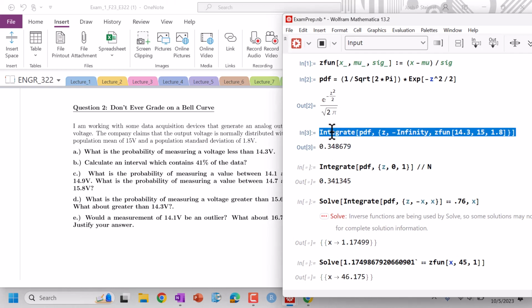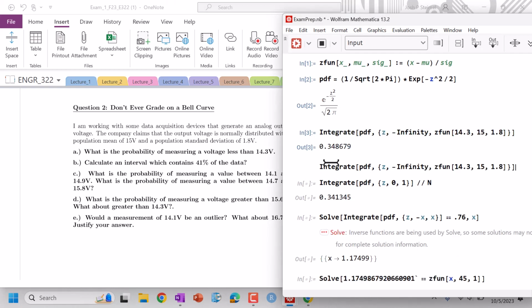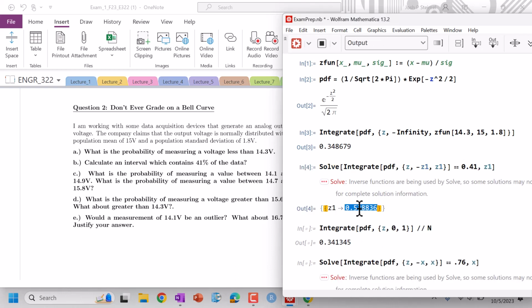0.3869. Excellent. Now we're asked to calculate an interval. So I need the x value that contains 41% of my data, so we need to do minus x, plus x. Let's call this z1. We need to solve when this value equals 0.41, in terms of z1, and that's going to be my plus or minus z.